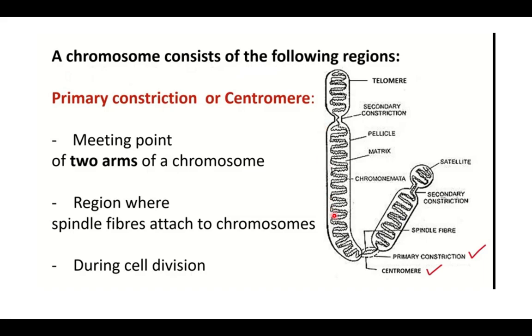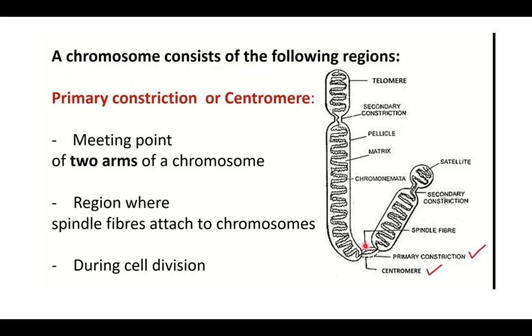The two arms of the chromosome are meeting at a point called the primary constriction. This is a region where spindle fibers attach to the chromosome. So this is the chromosome. The two arms are getting attached to the primary constriction.